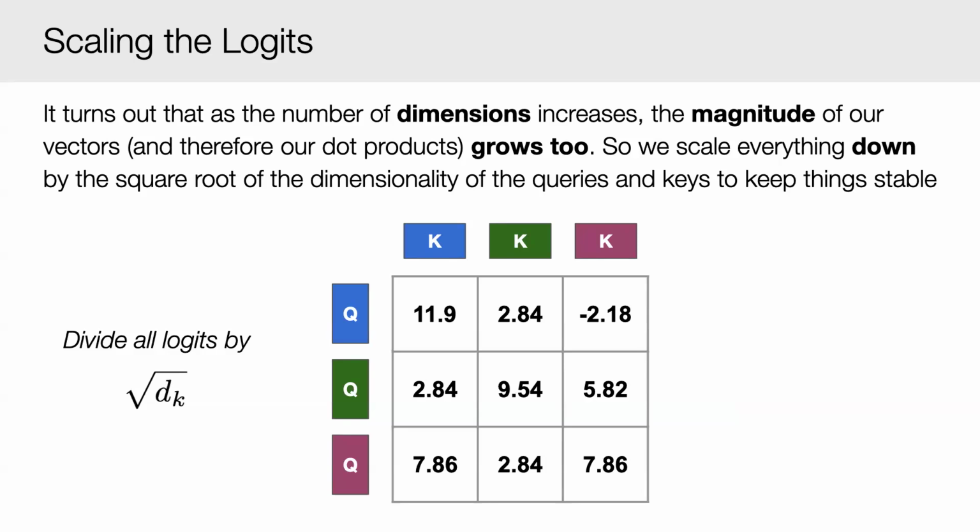Now, if you have a 1,000 dimension vector, and in each dimension that vector has a value of 1, then the total magnitude of the whole vector is the square root of 1,000.